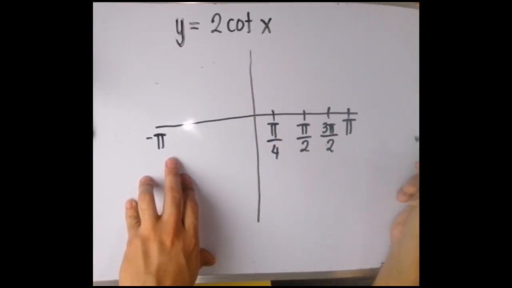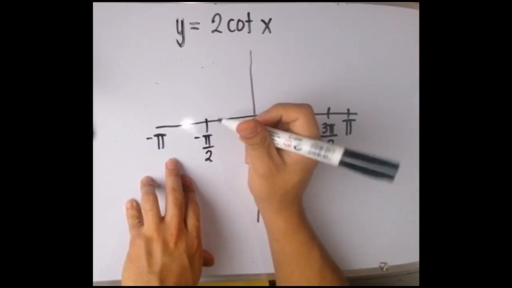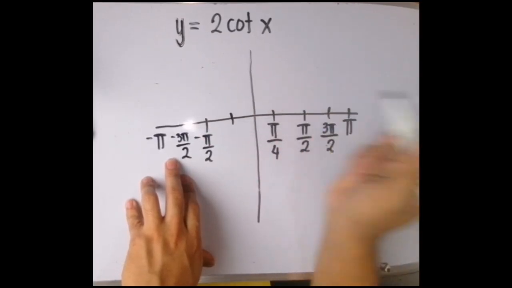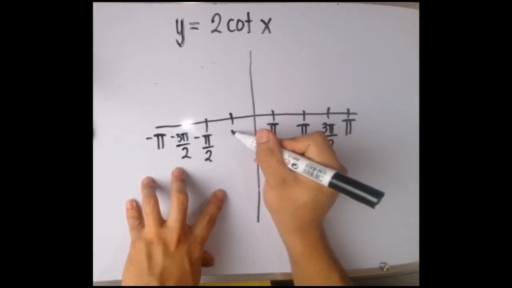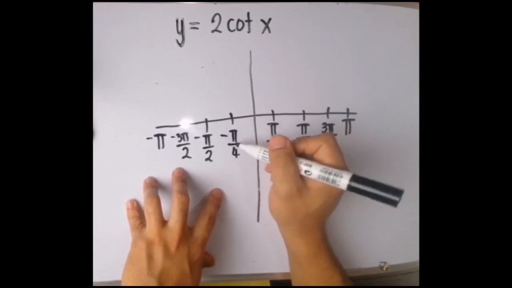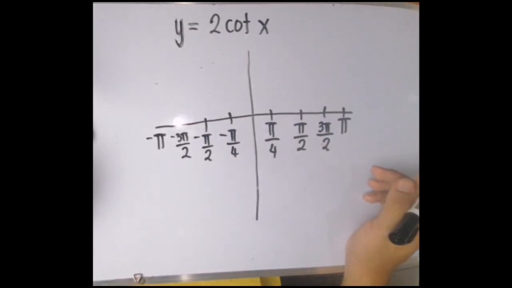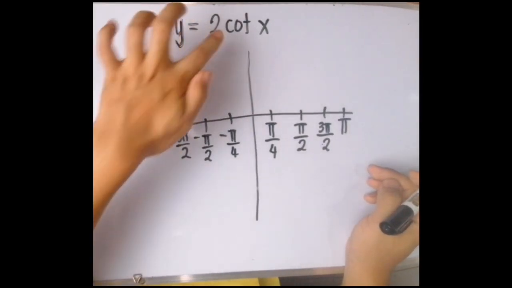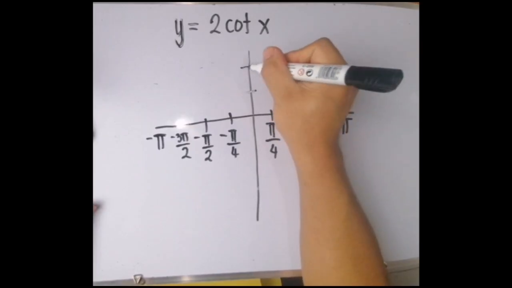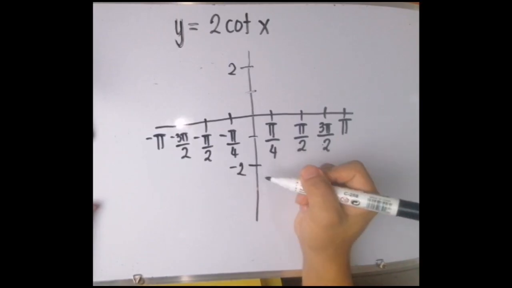The only difference is the sign, so this will be negative pi over 2, negative 3 pi over 2, and negative pi over 4. Since our amplitude is vertically stretched by 2, imagine one here and this one, negative 2.